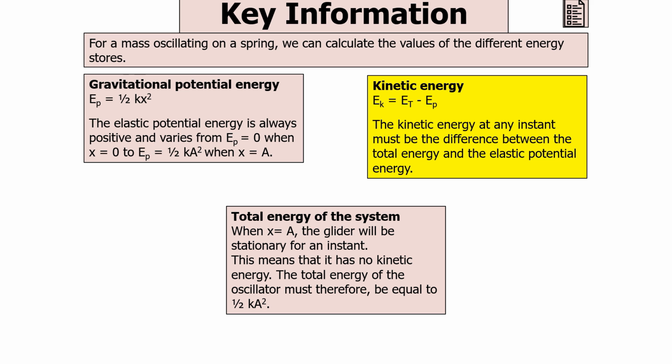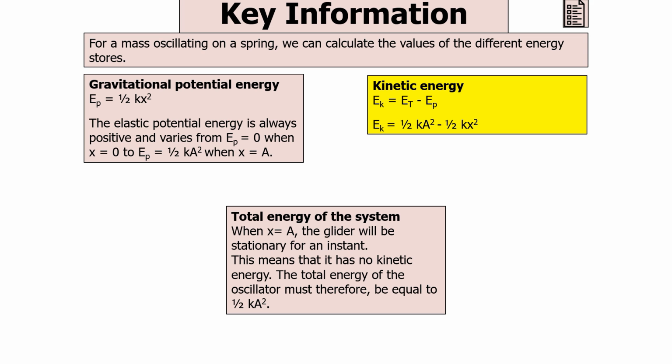Now the kinetic energy is equal to the total energy minus the potential energy, because the kinetic energy at any instant must be the difference between the total energy and the elastic potential energy. So we can say now our total energy is 1/2 k a squared, our potential energy is 1/2 k x squared, so we can write that as 1/2 k open brackets a squared minus x squared.